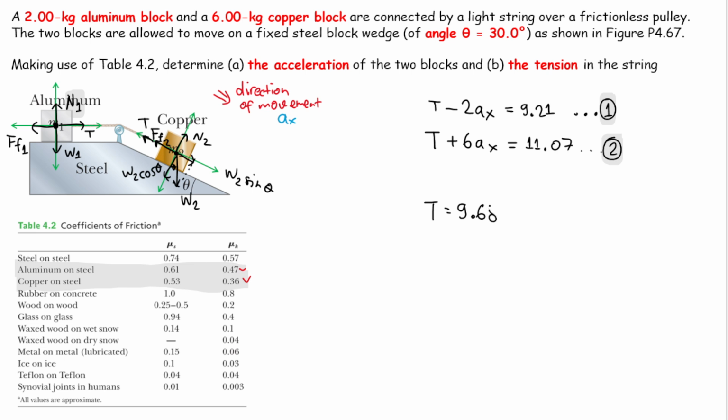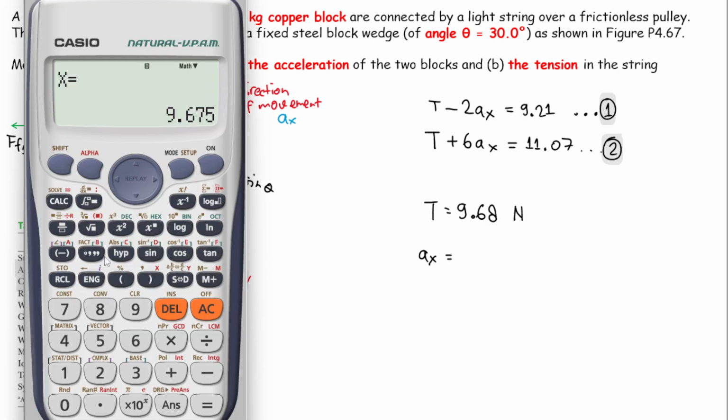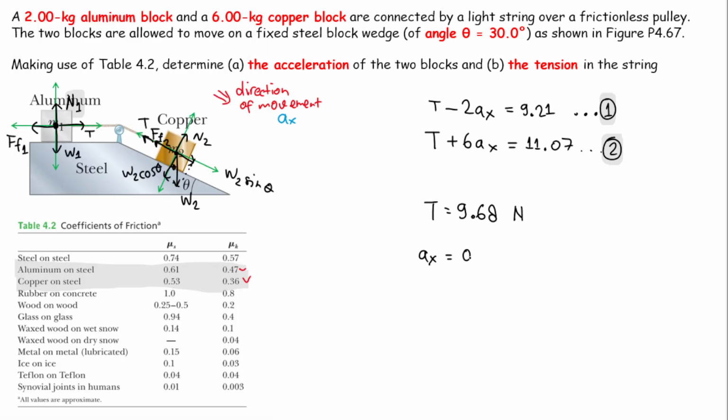Yeah, 68 here, and the unit here is Newton. And the acceleration here, AX. What is AX? That is the Y value here, and that will be 0.23. So I have 0.23 meters per square second. And this is the answer for question A. And this one is the answer for question B. And let's highlight that as our final answer.